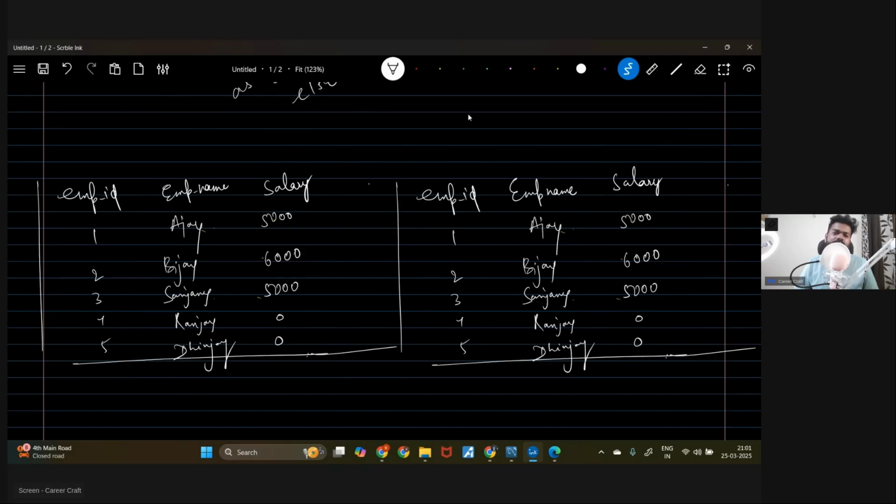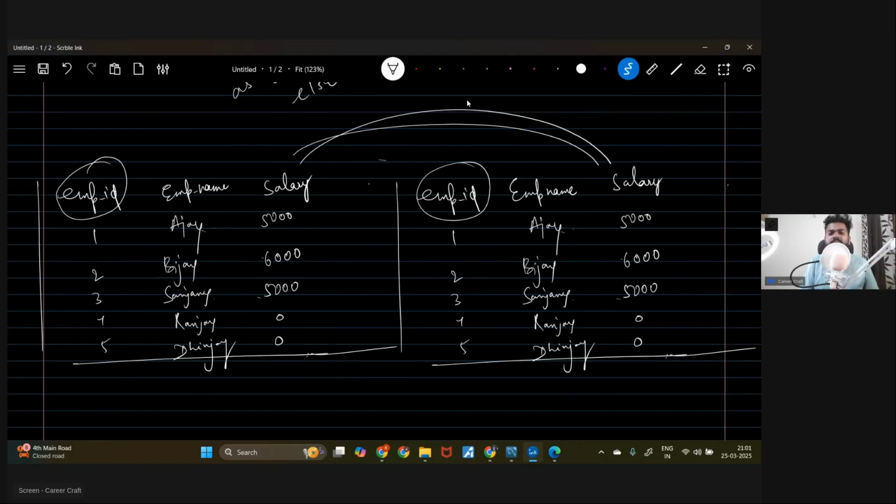On what? Wherever salary is equal to salary, and this employee id should be different. Employee id should not be same. If I join with the same one, then it doesn't serve any purpose. Only thing you have to join based on salary.